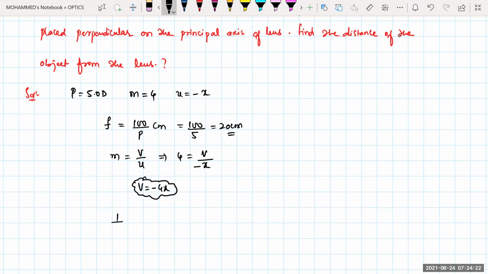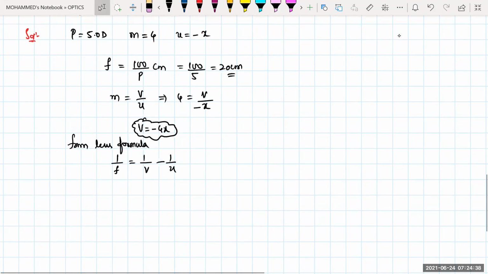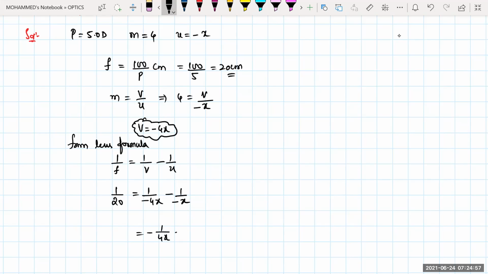From the lens formula, 1 by f is equal to 1 by v minus 1 by u. Focal length is 20, so this is 1 by 20, which is equal to image distance minus 4x, and object distance is minus x. So this becomes minus 1 by 4x plus 1 by x, equal to 1 by 20.